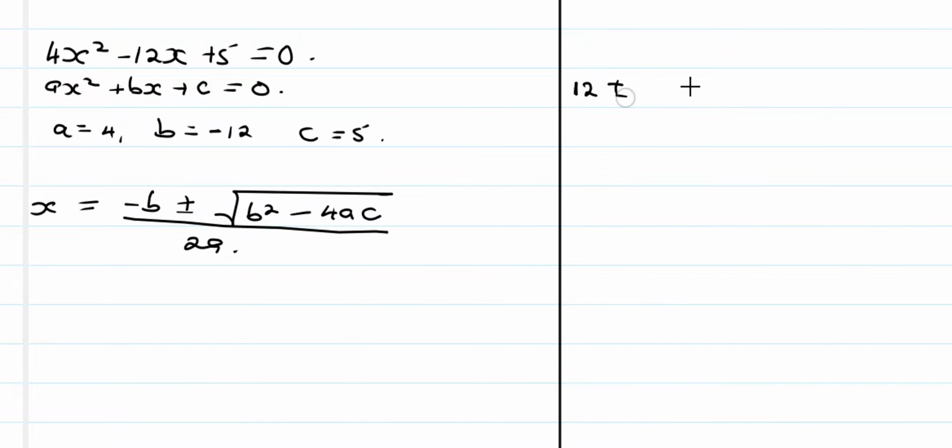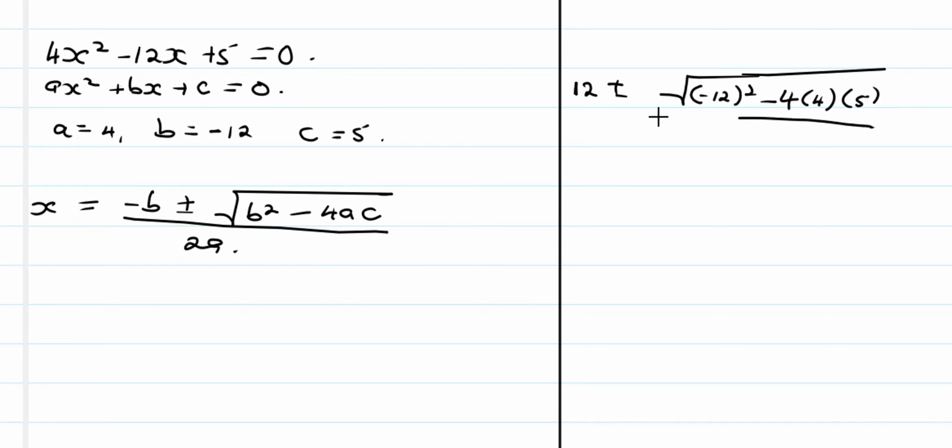Then plus or minus the square root of b squared, where b is negative 12, squared, minus 4 into a, which is 4, then c is 5. Then all of these divided by 2 multiplied by a, but we already know a is 4.